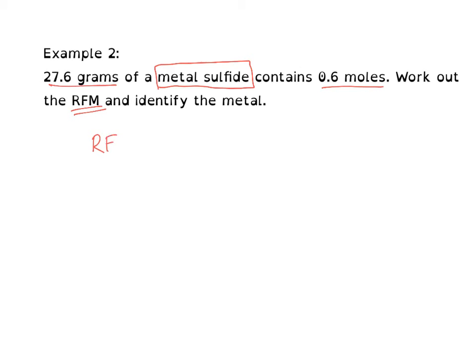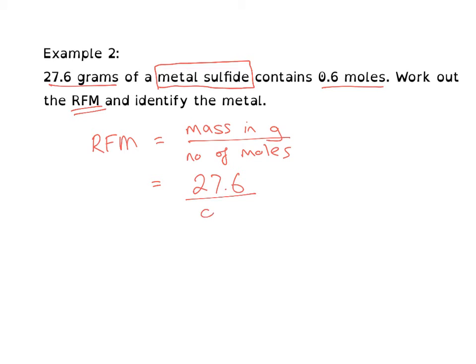So in this case RFM, mass in grams, is on the top, as it always is, divided by number of moles. And so in this case I have 27.6 divided by 0.6. You'll know if you've done this wrong, because your RFM should be a reasonable sized number.